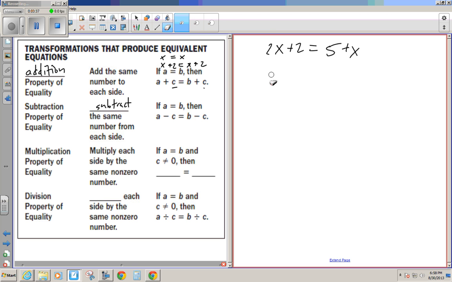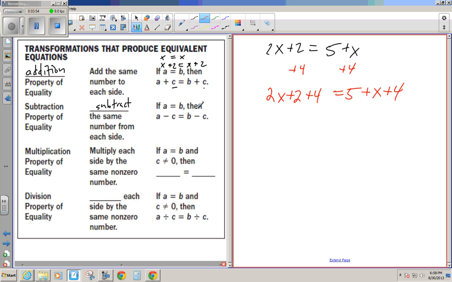I could do any operation I want as long as I do it to both sides. I could add 4 to both sides. So now we have 2x plus 2 plus 4 equals 5 plus x plus 4. They are still equivalent equations. I can subtract a y from both sides.